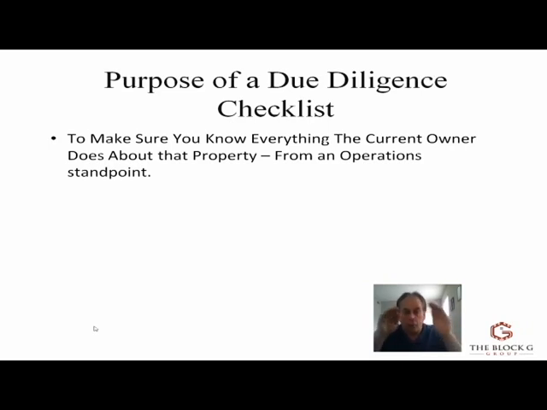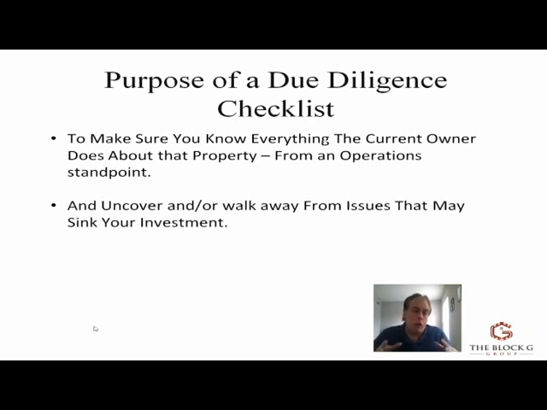So you get, from an operation standpoint, exactly how it's working, financially, and who he's paying, because I've heard horror stories from people saying, hey, we took this property over, and then all of a sudden there's this new guy in the office, and we're like, who are you? Well, I'm the part-time maintenance guy, and he pays me $12 an hour, and we're like, we have no record of this. And also you want to uncover or walk away from issues that may sink your investment.